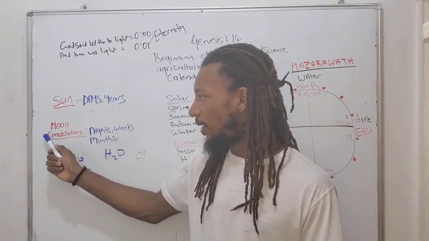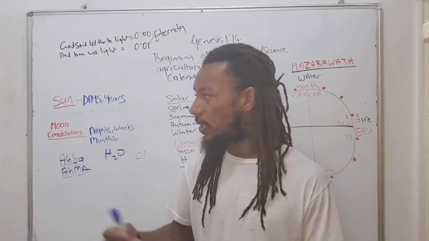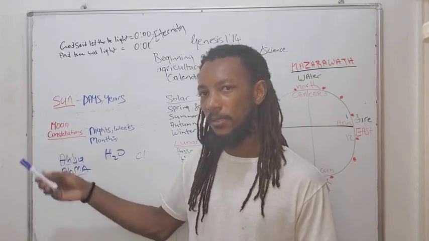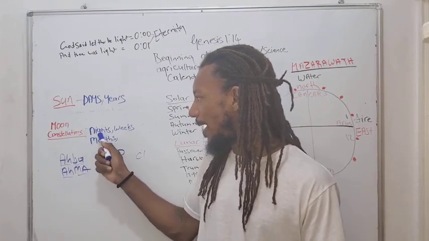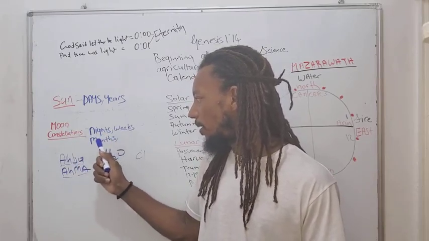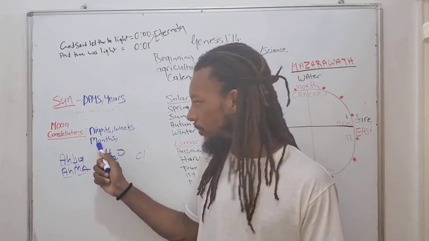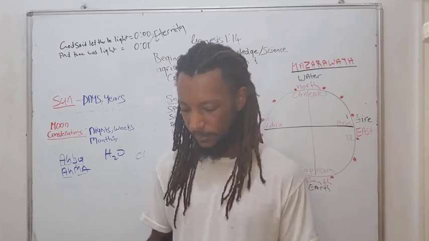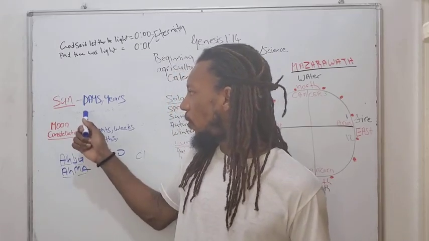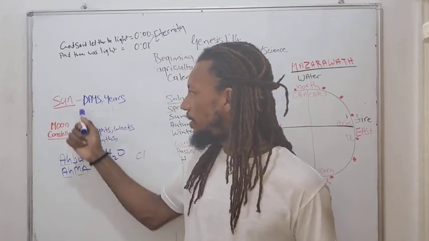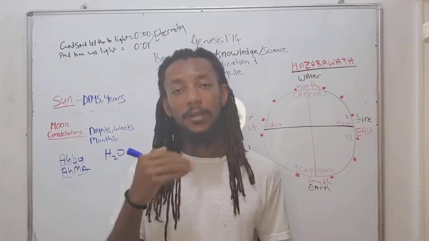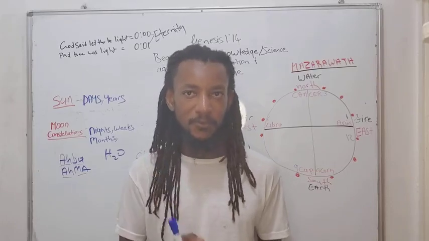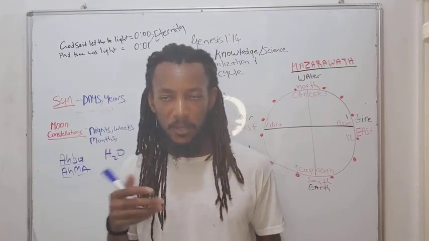From the moon and the constellations, when we say moon or lunar, the constellations are included, right? From the moon comes nights, weeks, and months. So let us go into the breakdown of these so we can understand it from a realistic standpoint, from a concrete understanding rather than something abstract, right?